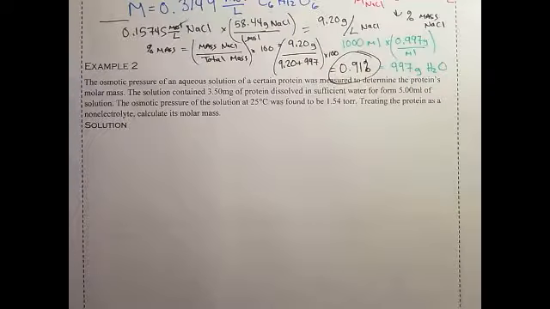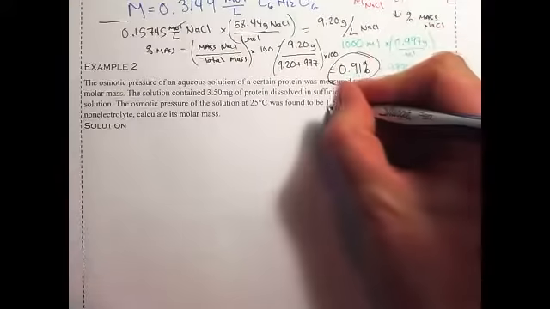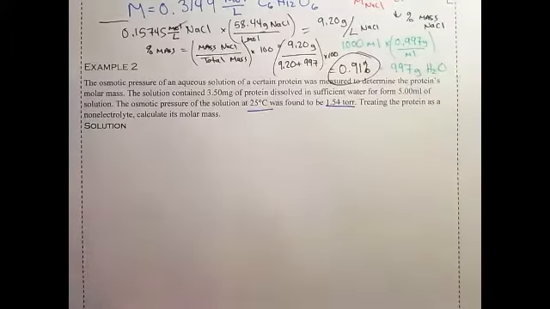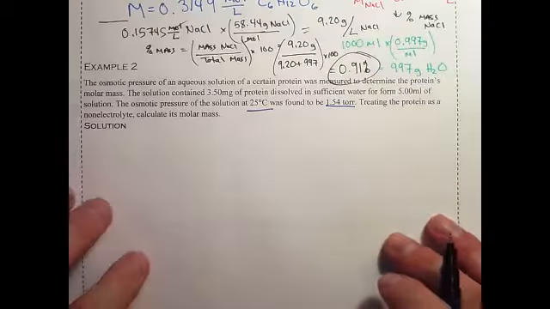So we measured the osmotic pressure and found it to be 1.54 torr. Right away, I'm identifying a couple things: we're in torr, which is not the right unit. We're in degrees Celsius, which is not the right unit. And we're in milligrams, and we're going to have to deal with that later.